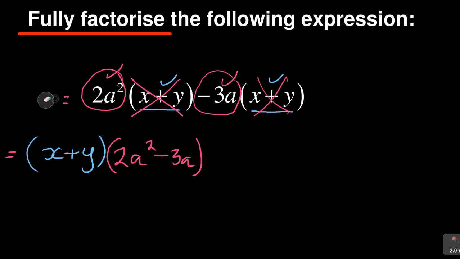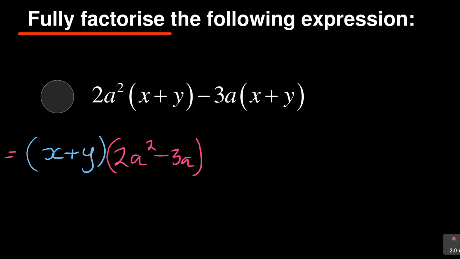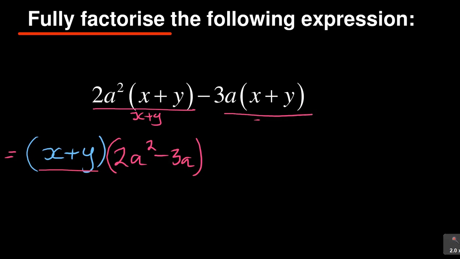When we are factorizing also, what we are simply doing is we are actually dividing in a way. So if I took out x plus y, it means I'm dividing by x plus y here, and I'm dividing by x plus y, so that when that cancels, and when that cancels, look what you're having. You're having 2a squared minus 3, and then you put it in brackets also.